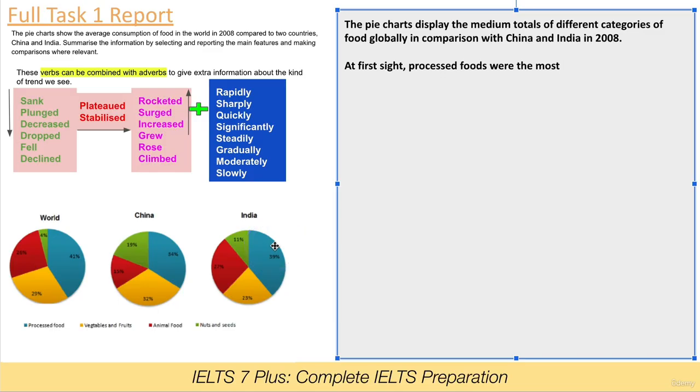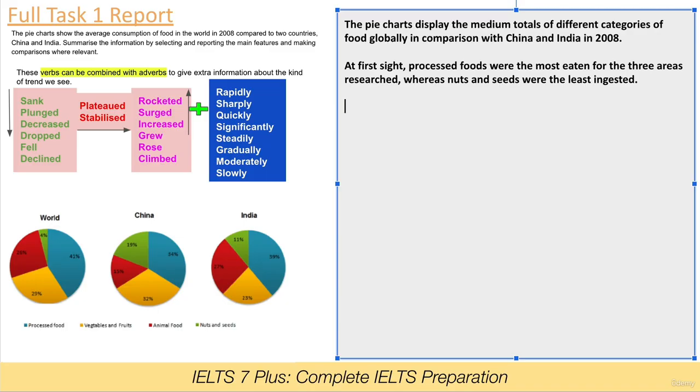So at first sight, processed foods were the most eaten, past tense, for the three areas researched, whereas nuts and seeds were the least ingested.